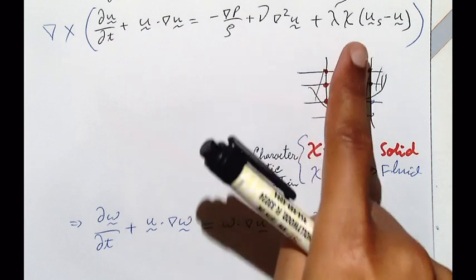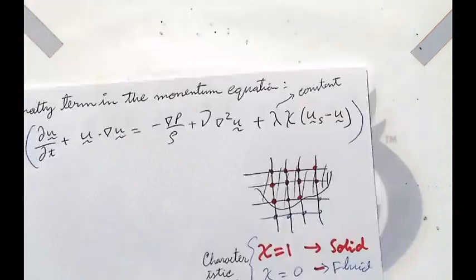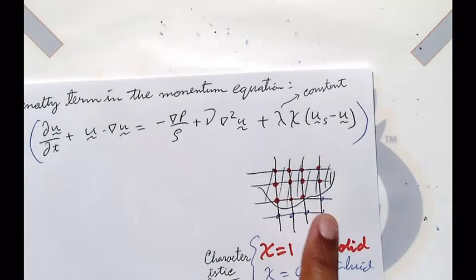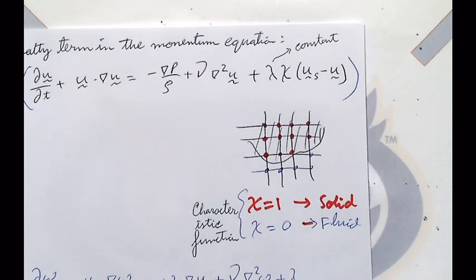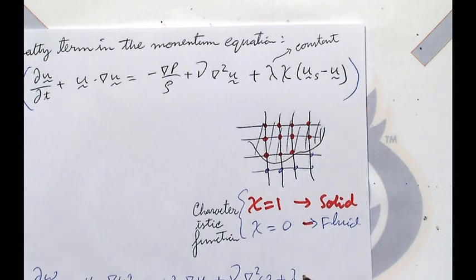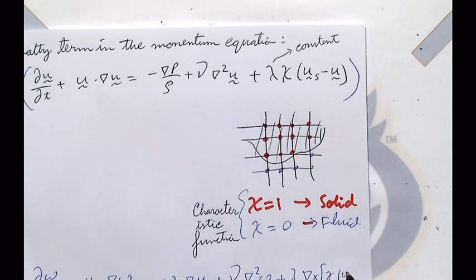See, chi can vary in space, right? So there's a variation of chi in space. So nabla cross chi, we cannot pull chi out. It's not necessarily a constant. So we leave it inside to be curled. In implementation, you will see there's not much of a difference whether you pull chi out or not. But mathematically, we leave it in. So we just have nabla cross the term inside, which is chi times u solid minus u.